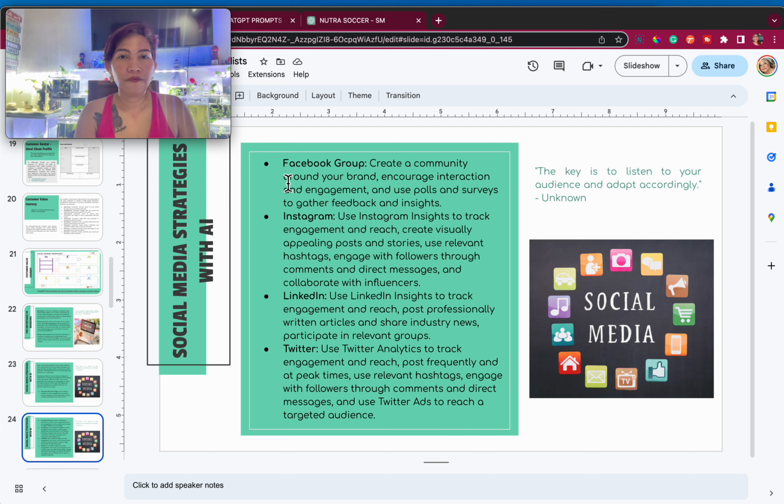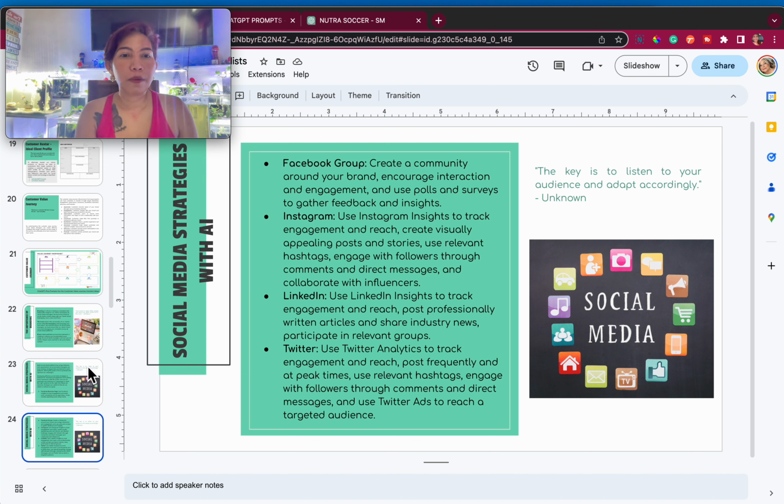We identify the kind of strategy we will implement for the client for each of the platforms that they'd like us to use. Some clients would have a Facebook group because they want to start a community, or they already have a community that they want to enrich and grow. So that's part of their social media profiles, and we need to strategize on how to achieve those goals for the clients too.